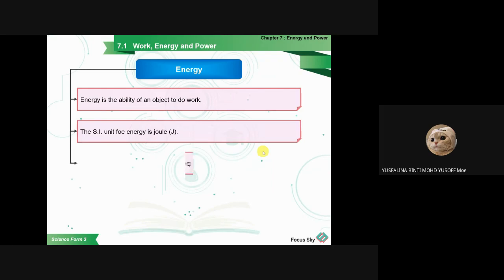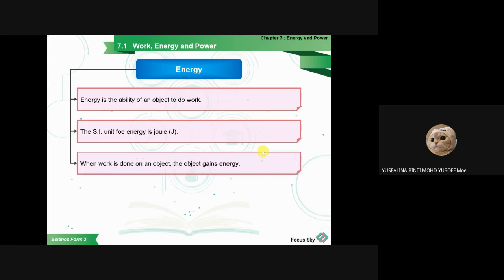And when work is done on an object, the object gains energy. Just now like I said, the energy is being transferred. Inside our body we have chemical energy. So when you push the object and it moves, the energy is being transferred to the box, and the box can be moved. Let's say you have a box, and the box is stationary.